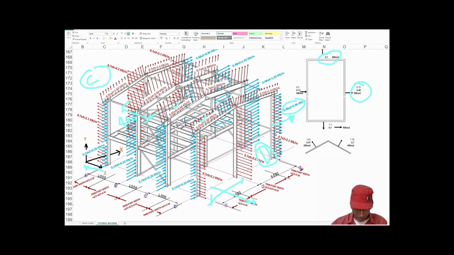Similarly here, 0.21 kilonewton per meter, it is in the positive direction of Z. For this column, the tributary width is 6/2 plus 6/2, that is 6 meters. 0.7 is the magnitude of the wind pressure on wall D. So 0.7 into 6 is equal to 4.2 kilonewton per meter.